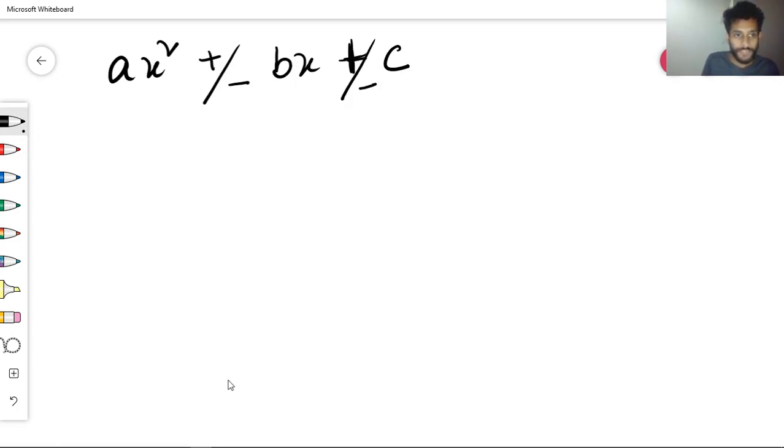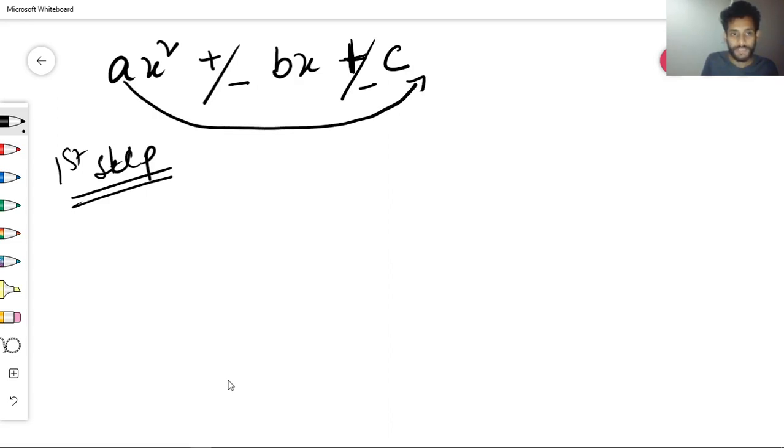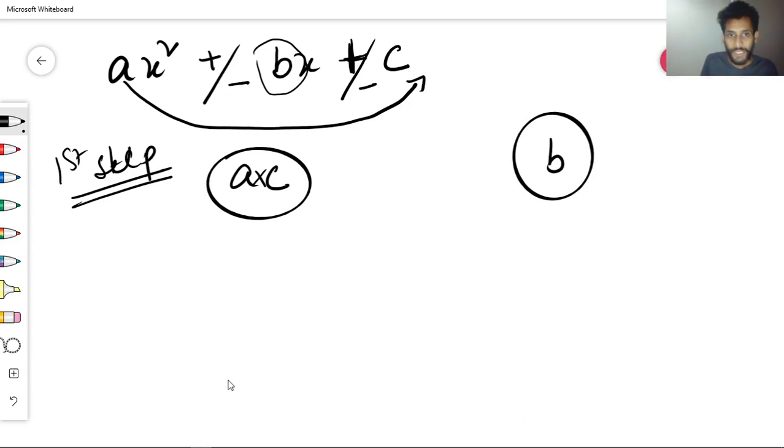First of all, the first step is multiplying this a with this c. When we multiply a and c, what do we get? a into c. The first step is a into c, and along with that we will keep this b.